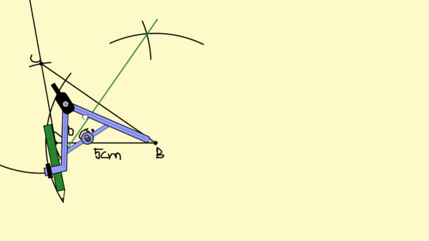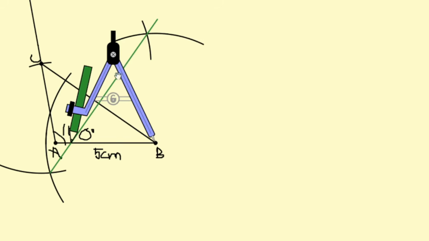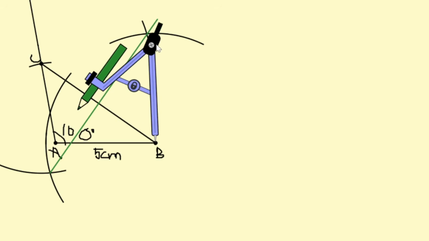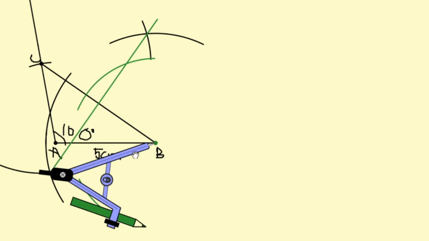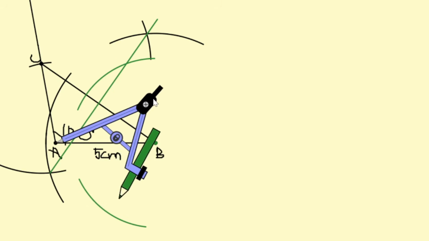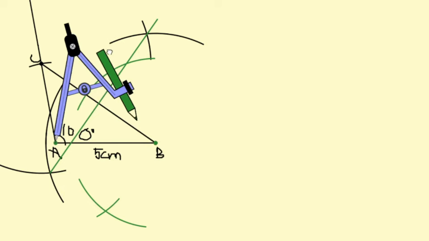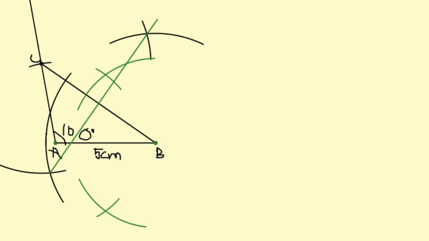Now we need to draw the perpendicular bisector. Now we can join these 2 points.